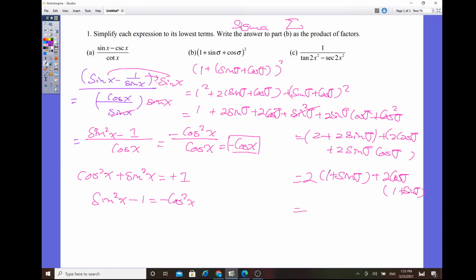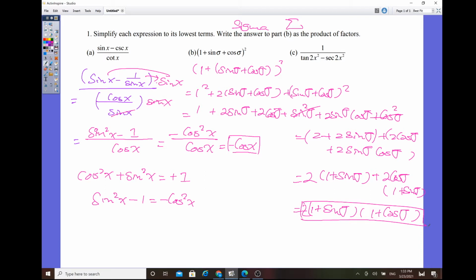Then just take out the common binomial: 1 plus sine sigma. And the 2, we can also put out. So 1 plus cosine sigma. So this one would be the simplest factored form.